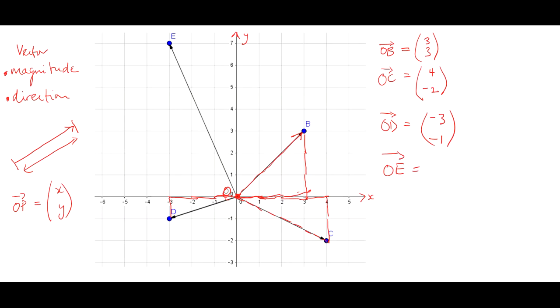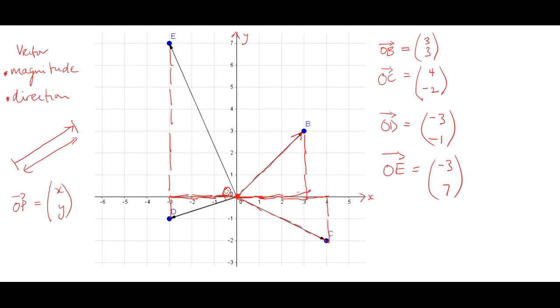The vector OE, we have to move 1, 2, 3 to the left, right? So it'll be -3 because we are moving to the left, and we are moving 1, 2, 3, 4, 5, 6, 7 up. Because we are moving in the positive y direction, it will be just 7, right?